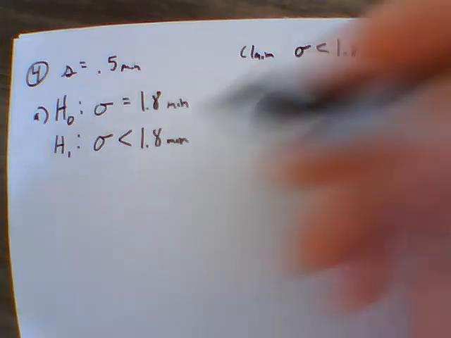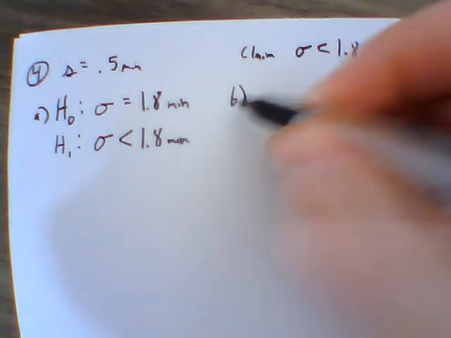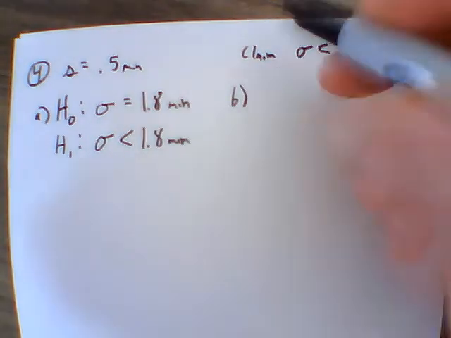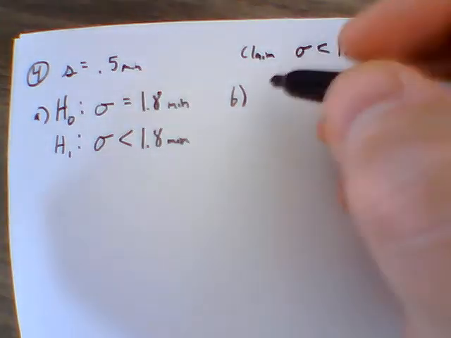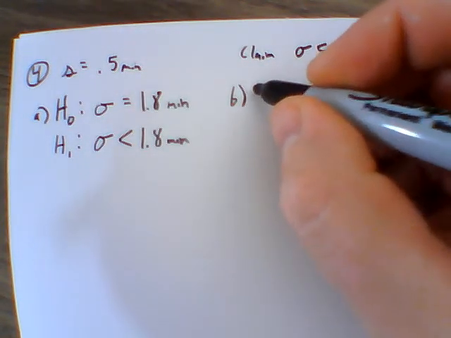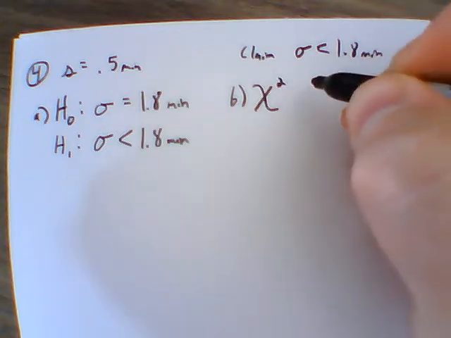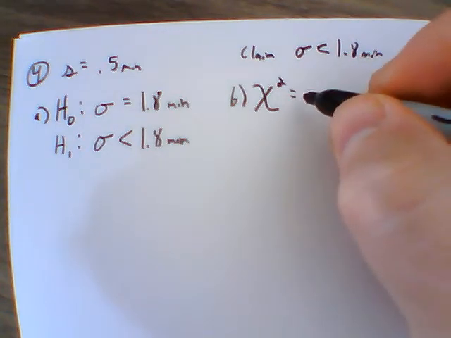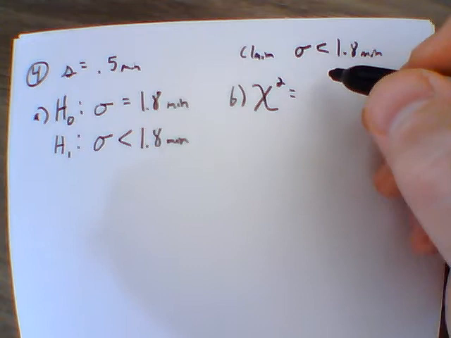Part B asks us to calculate our test statistic. Once again we're talking about sigma, our standard deviation, so we're going to use chi-squared. Chi-squared equals n minus 1.